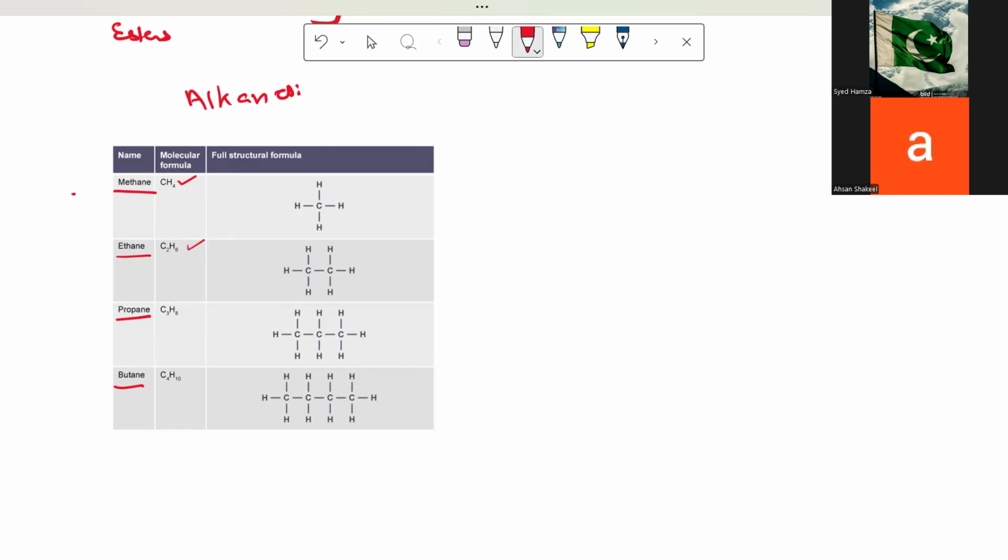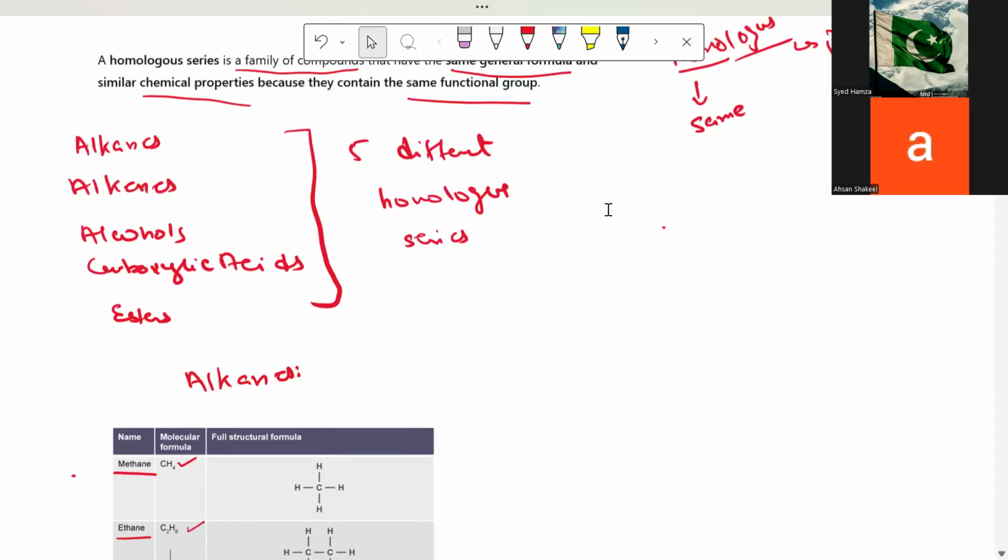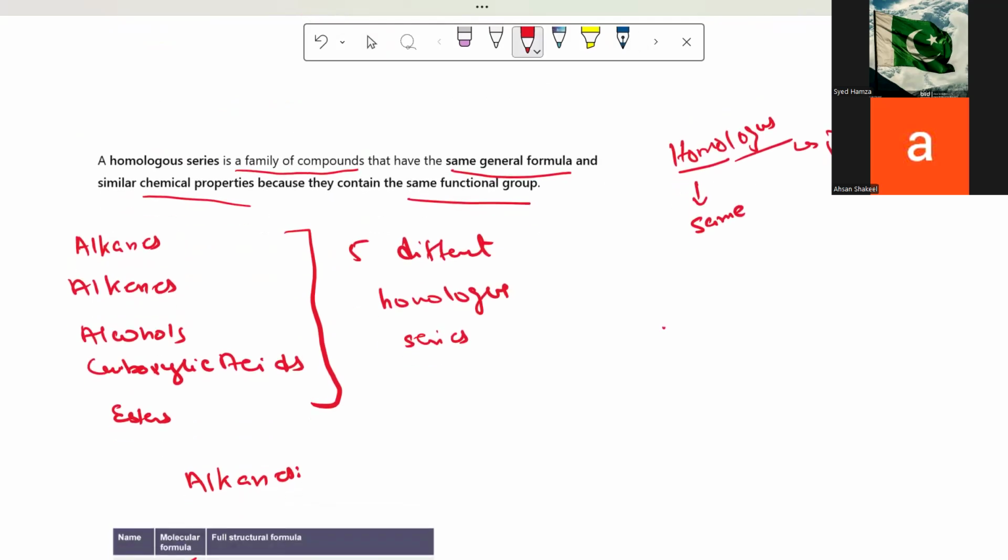What you need to understand, if you look at the definition again, is that a homologous series is a family of compounds that have the same general formula and similar chemical properties because they contain the same functional group. A functional group is something that tells you how the compound is going to react with other molecules.